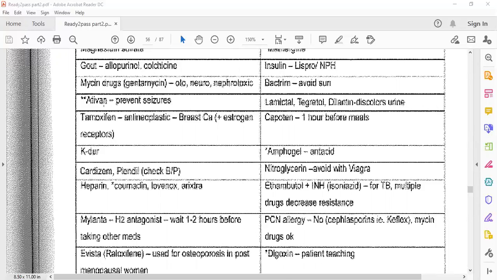Ativan is a fast-acting benzodiazepine. Everybody knows what a benzodiazepine is. Benzodiazepines are anxiolytic medications that treat anxiety. So Ativan is also used for anxiety, not only seizures, right?